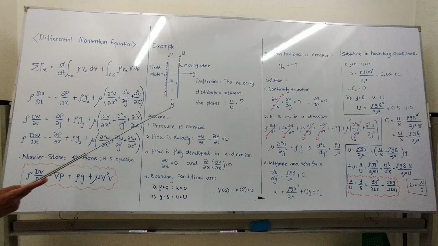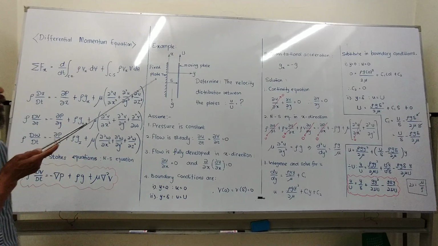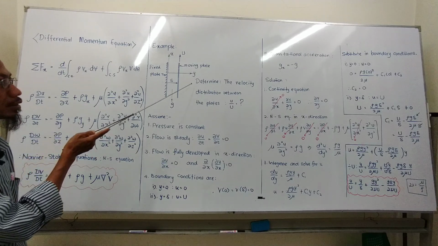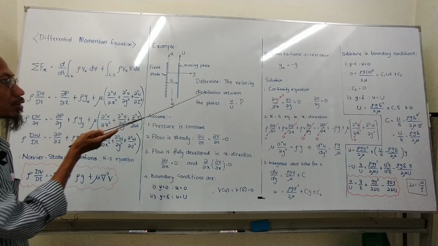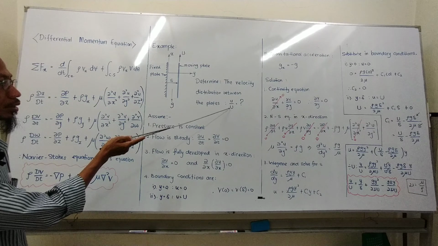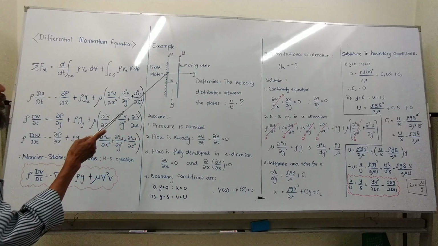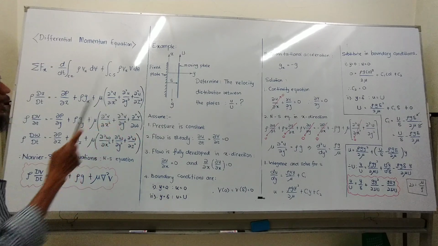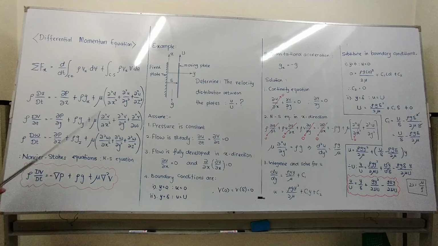For this problem, we determine the velocity distribution between the plates, meaning small u over capital U, the velocity difference.